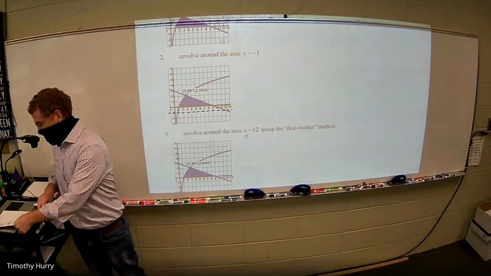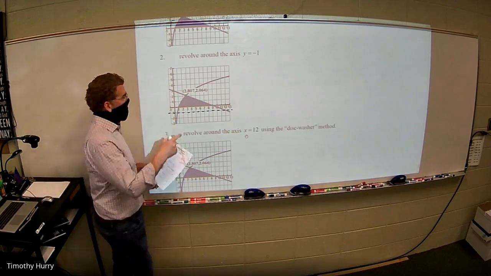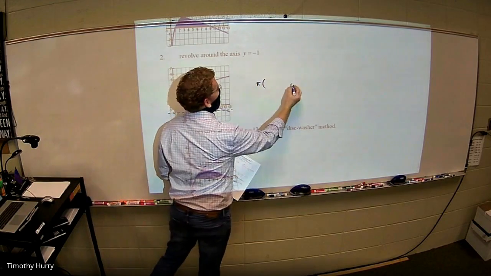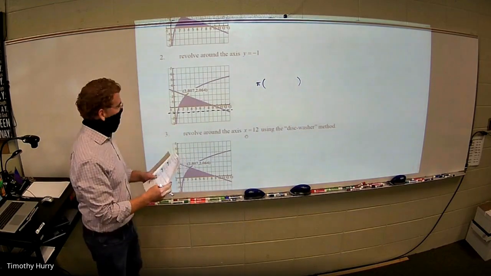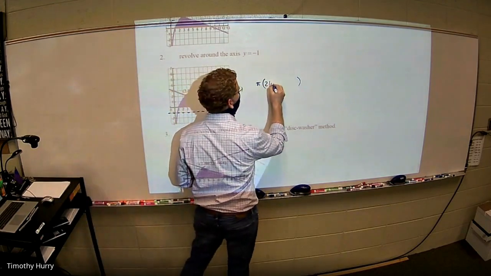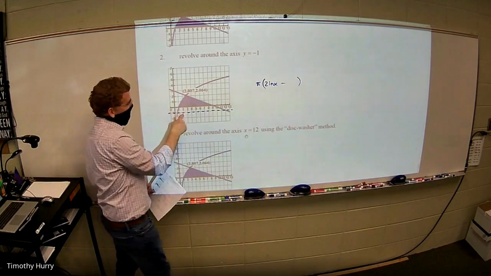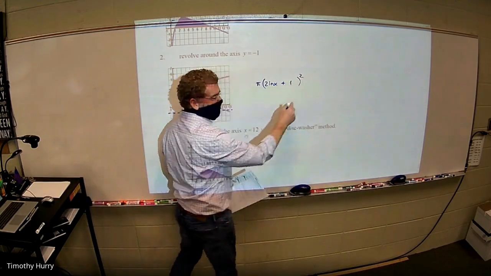What do you got? So, okay. Pi what? Thanks. So 2 ln x minus the axis, right? So you're going from here to there for the outer. So minus -1 is +1. So there's your pi r squared.